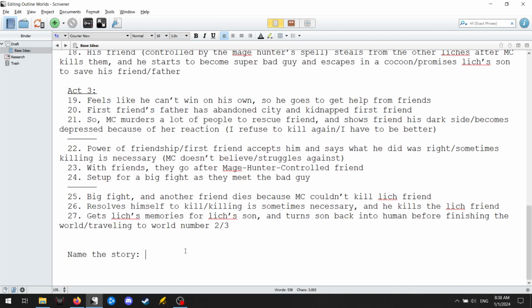And then I've got to come up with the name of the story. I have no idea. I'm still kind of stuck on it. Mage hopping? I don't know. I'm terrible with names for stories. A Mage's Guide to World Hopping.